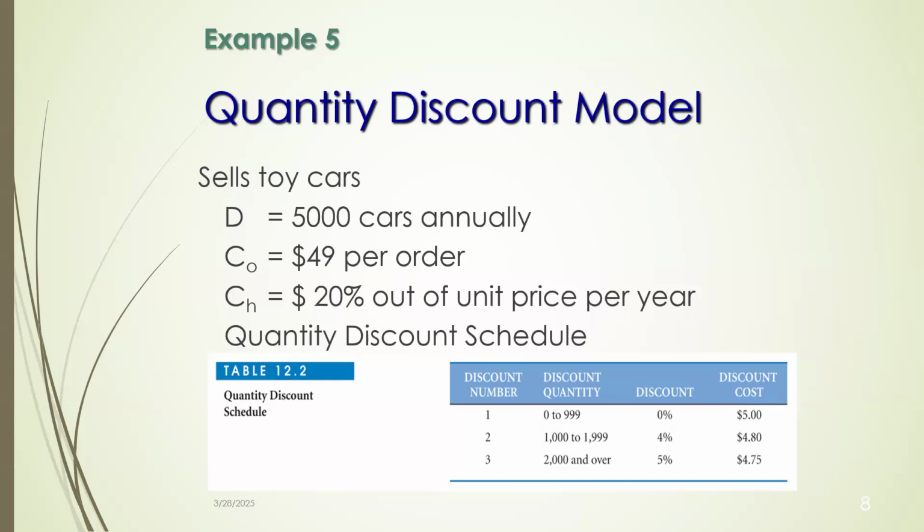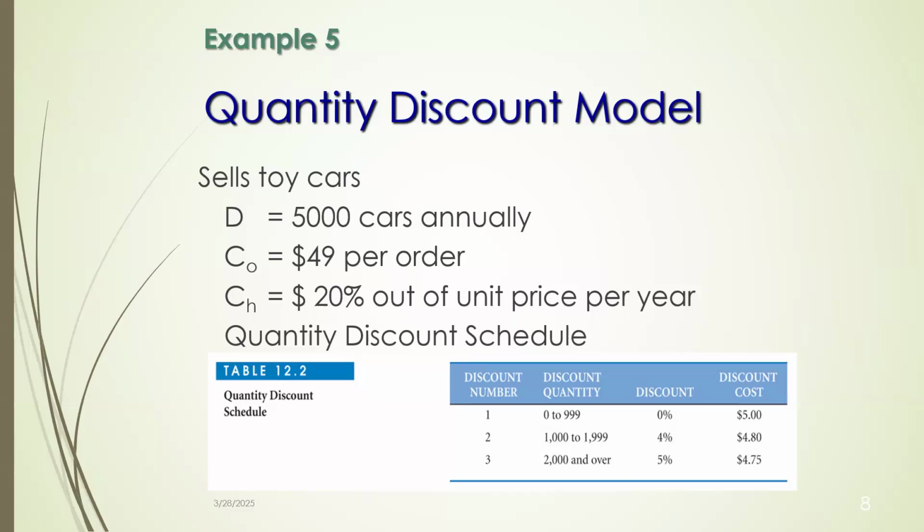Then after that, for each discount number, we calculate the total cost. Remember, now we are going to calculate the total cost. We should consider the unit price as well, and then we should add the purchase cost. There's a difference. I will explain later why we need to add the purchase cost when I apply the quantity discount model.